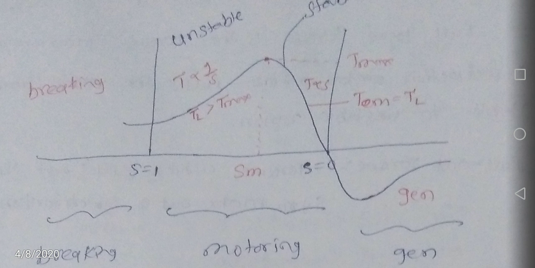It is because of the torque equation in the notes: T is proportional to S E2 square R2 by R2 square plus (S X2) square. In that there is slip in the numerator and denominator, but at starting the rotor frequency is high.